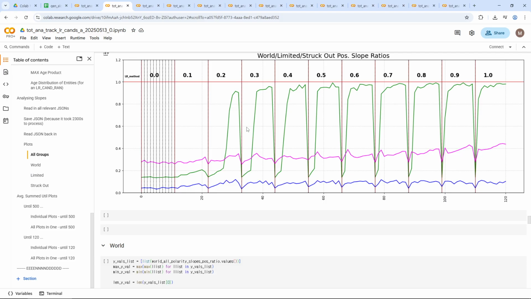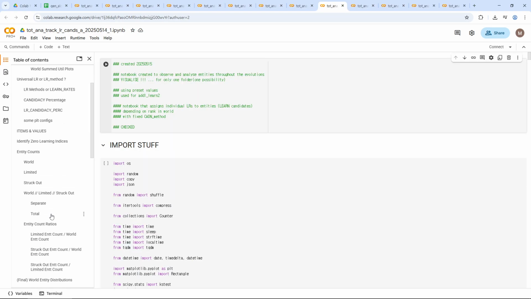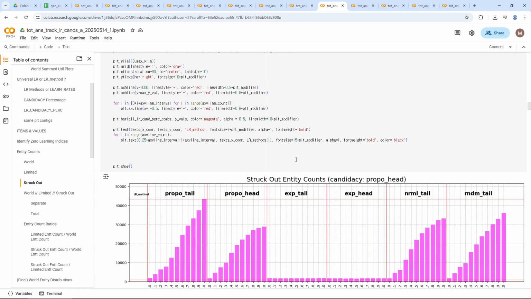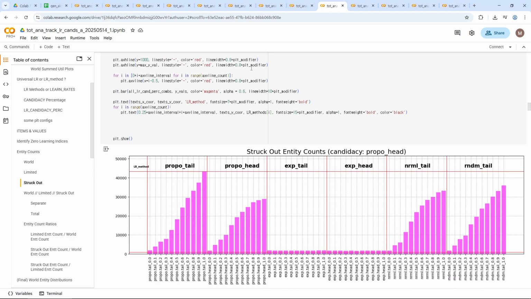Note that it says learn method here, and because it's set to universal, the different learn rate method is just stated as 0.0 or 0.1, just as simple learn rates. However, if a specific learn rate method is being applied, then it's going to have different names, such as proportional tail, like this.